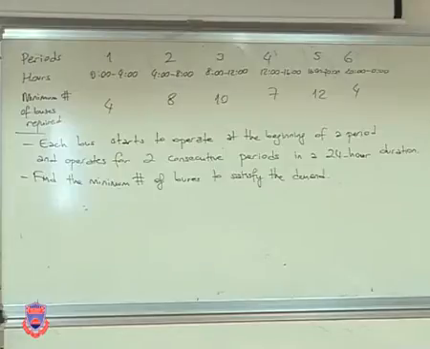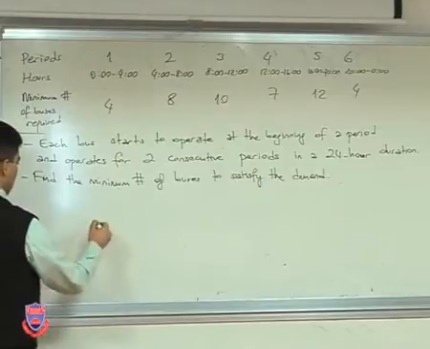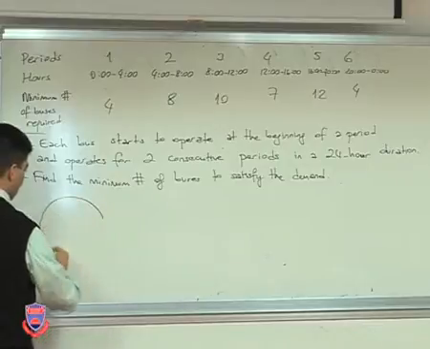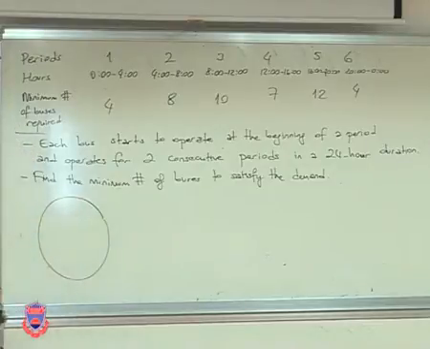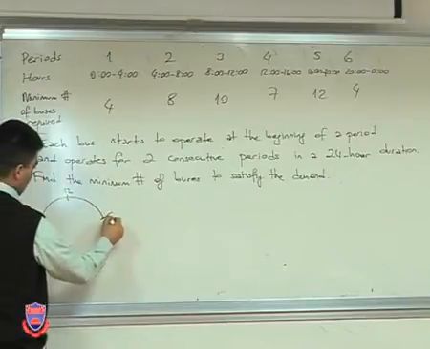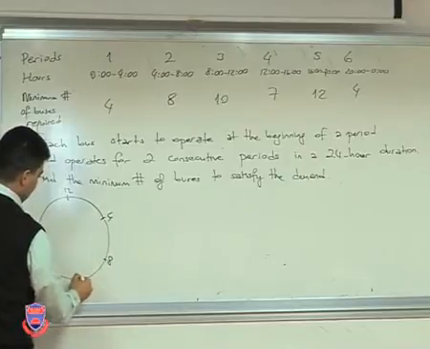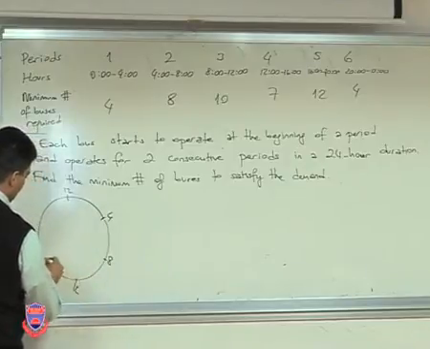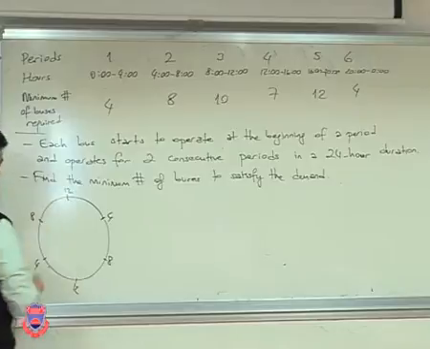So once again, let me actually draw you a picture, so just to make it easier to understand. So suppose that this circle represents a day, okay? And so here is 12 midnight, and over here is 4 a.m., then here is 8 a.m., then we have noon, and then 4 p.m., and 8 p.m., okay?